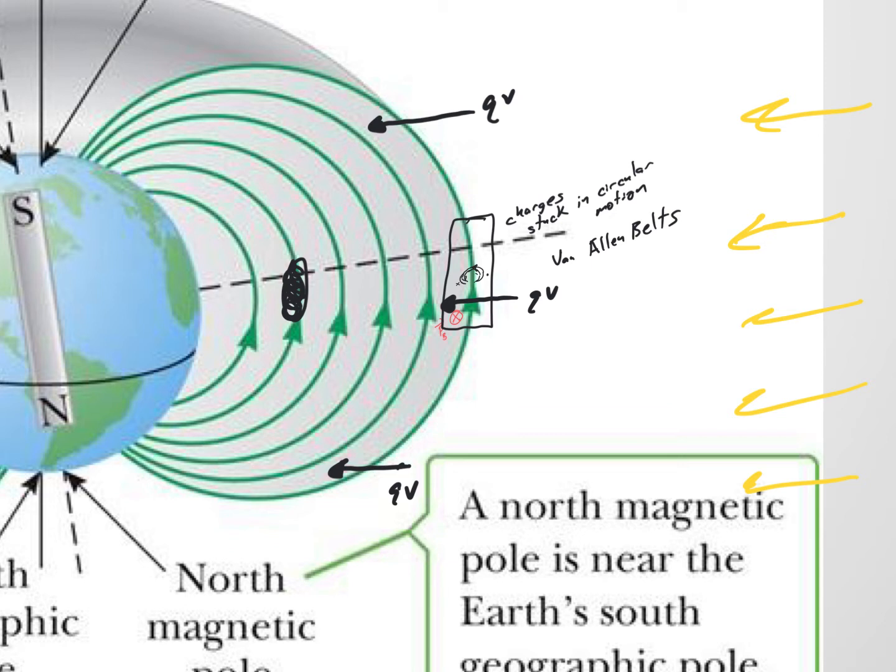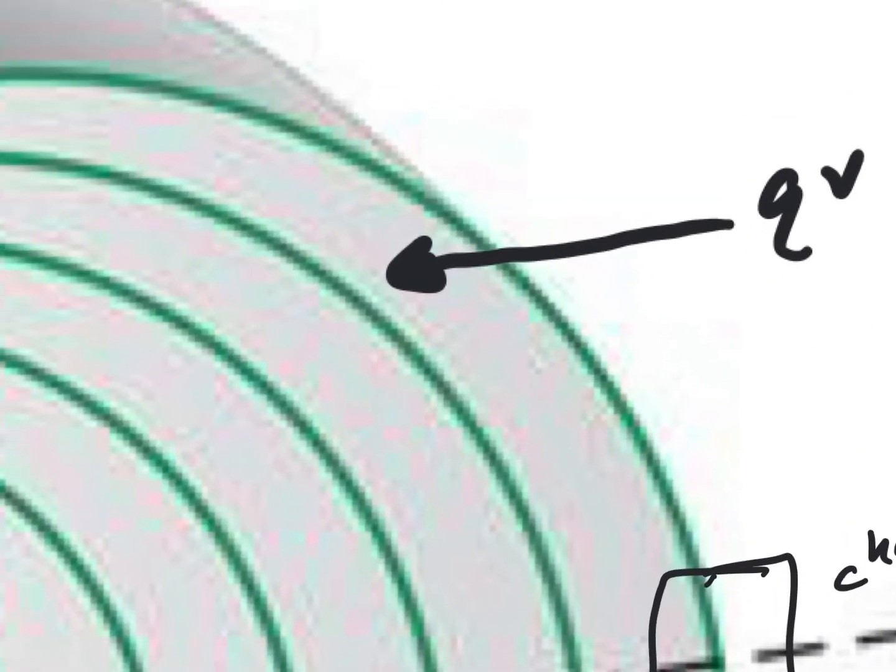Let's check out the next one. Up here, remember that our magnetic field is along the screen, this green line. Good. There are two components of the velocity that we care about.